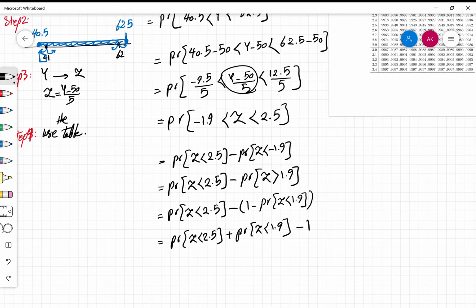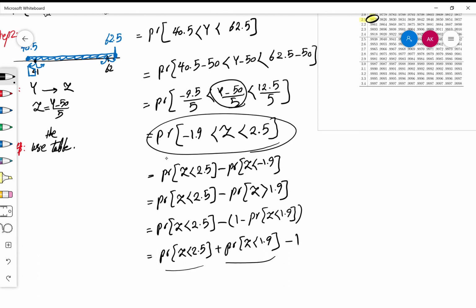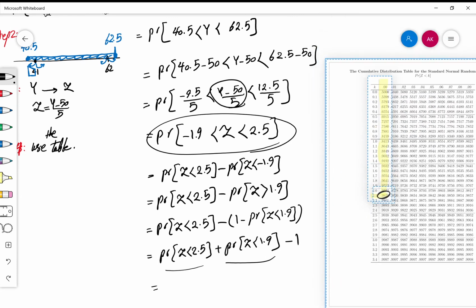Okay, so we turn that probability into two probabilities from the table. Let me bring the table down so that I can use it. Okay, here.